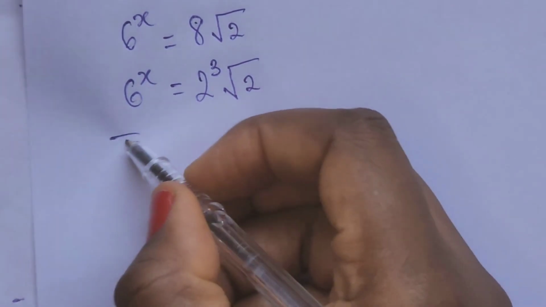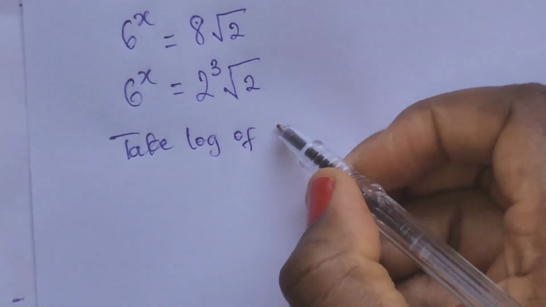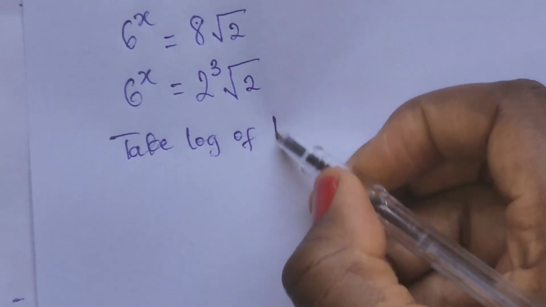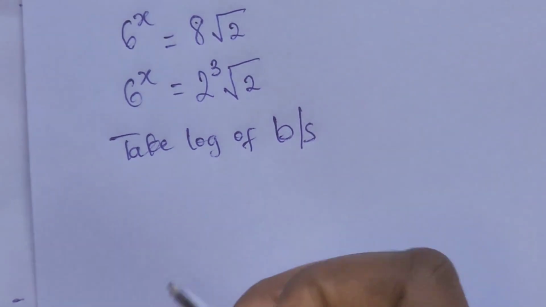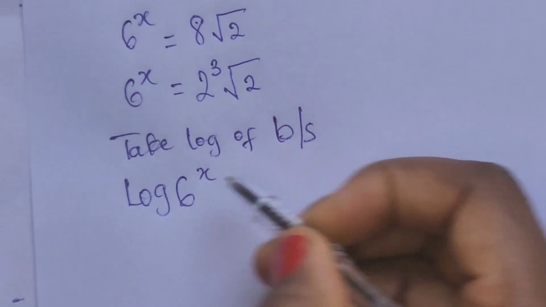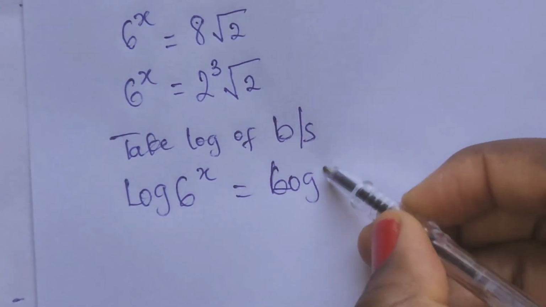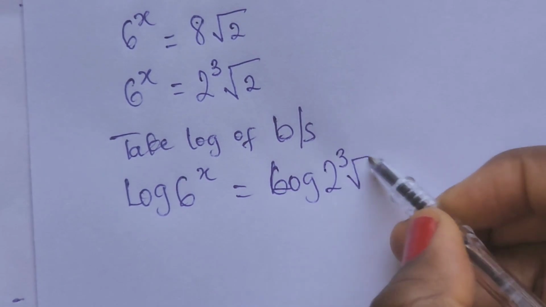So from here we take the log of both sides. We have log of 6 to the power of x to be equal to log of 2 to the power of 3 root 2.